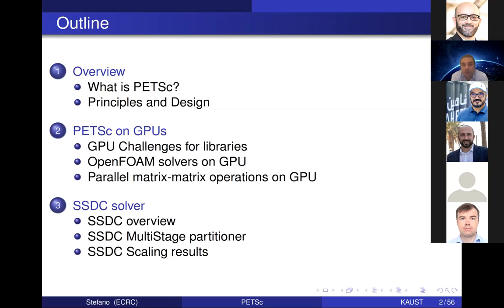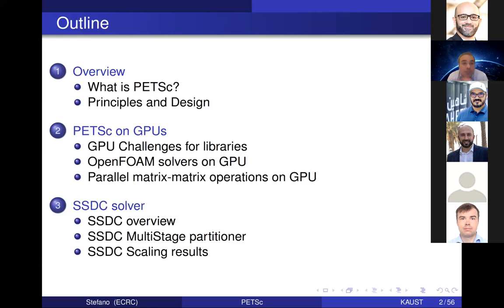One is using PETSc on GPUs. First, I will describe the challenges of using a library like PETSc on GPUs, and then present very recent results that we just obtained by accelerating solvers from OpenFOAM using GPUs. Also, another work I'm doing recently is how to do parallel sparse matrix operations on GPUs.